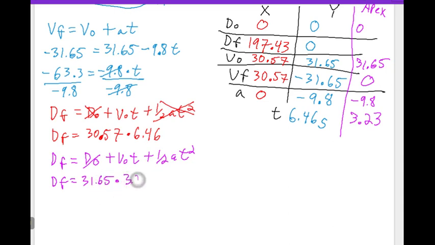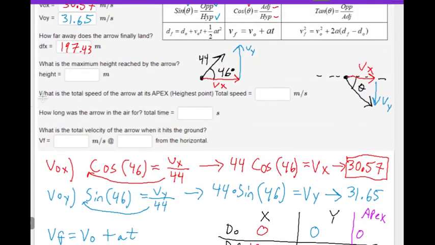Time is 3.23 because it's the apex time. So we got to multiply these guys together, plus 1/2 times my acceleration, which is negative 9.8, times my time, which is 3.23 squared. All we do is plug this into our calculator, go ahead and get our answer, which is 51.11 meters. So the maximum height reached by the arrow is 51.11 meters.